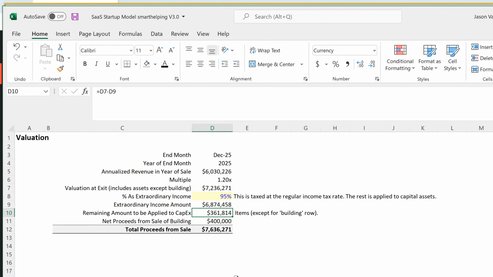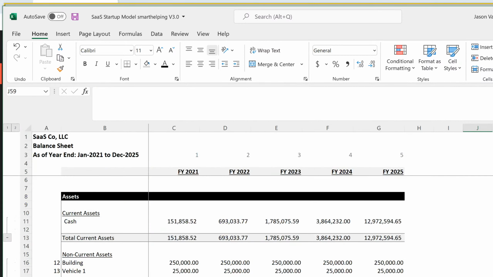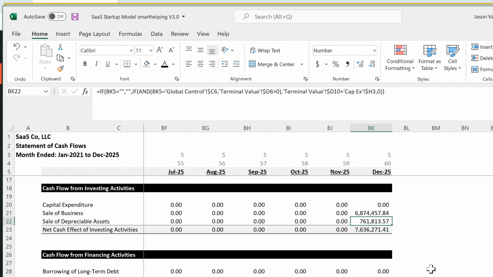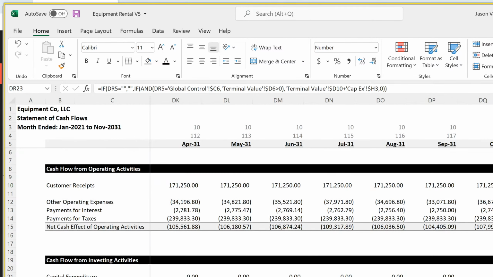So CapEx here, amount to CapEx plus H3, which is a building. So okay, the formula is the same, but the value is not right.